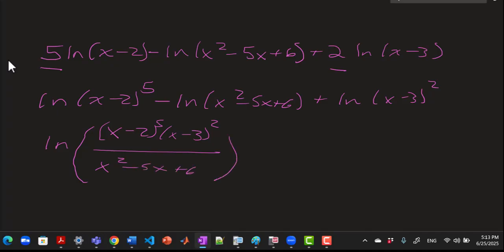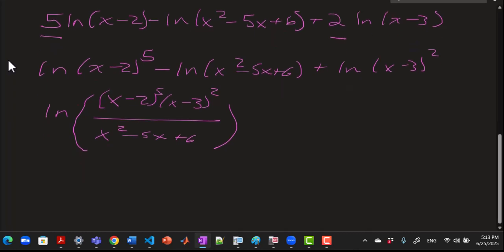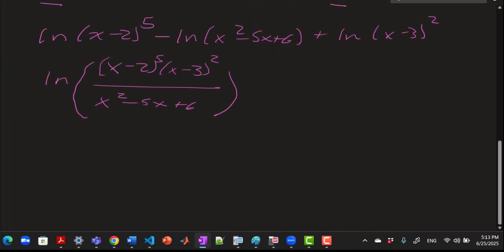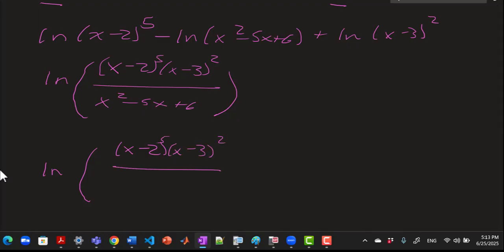But I'm actually not done here, because I can factor that expression in the denominator. You think of two numbers that multiply together to give positive 6 and add together to give negative 5. So that would be x minus 2 and x minus 3.